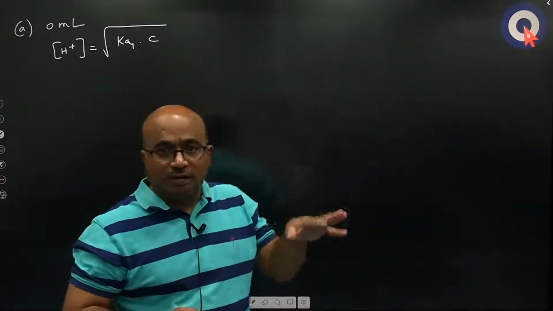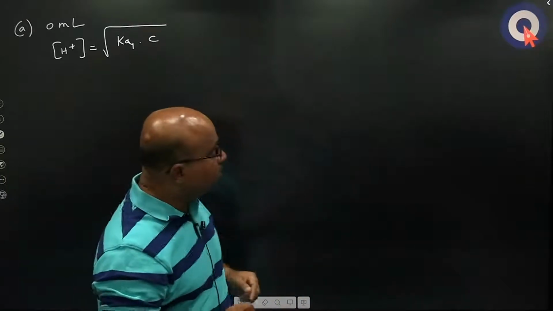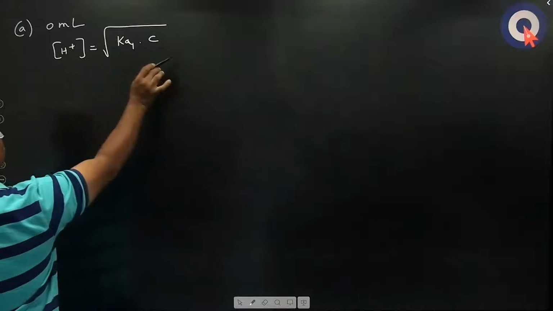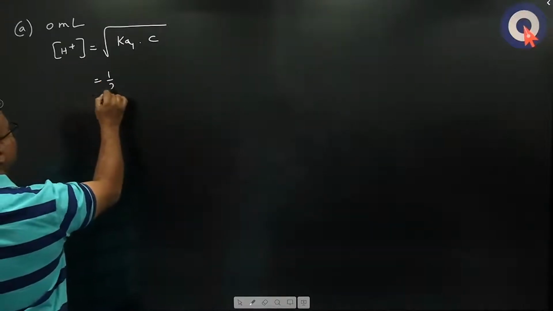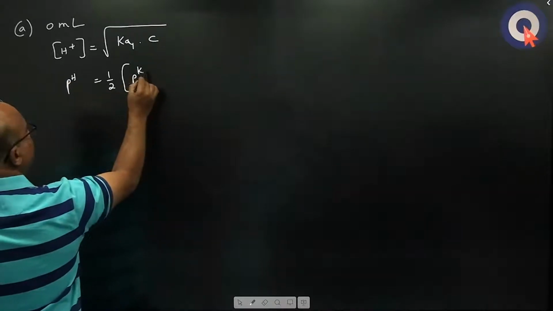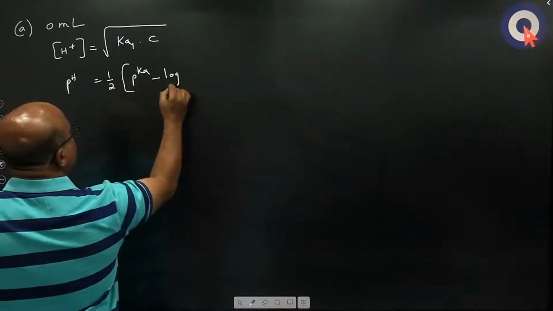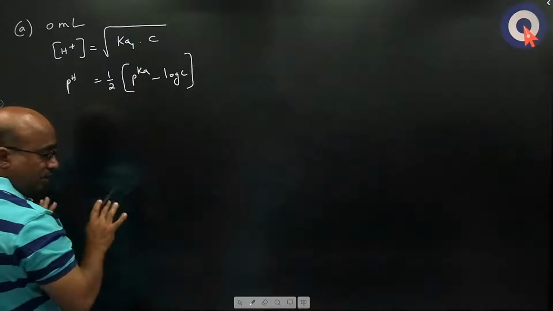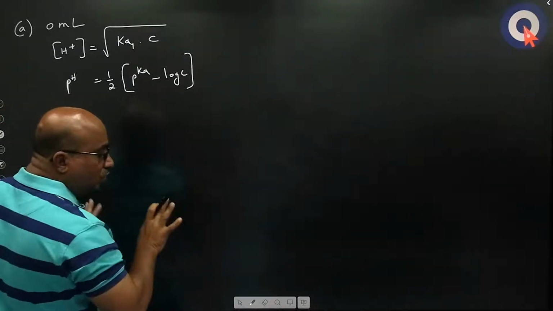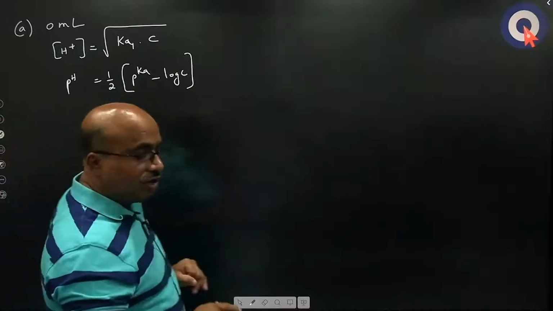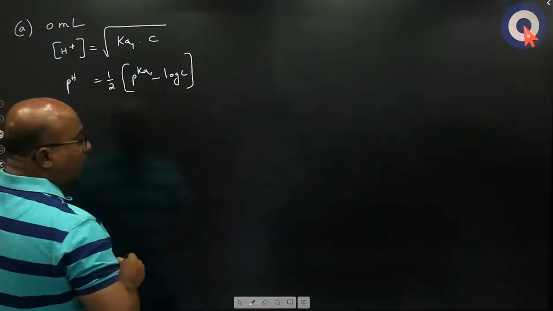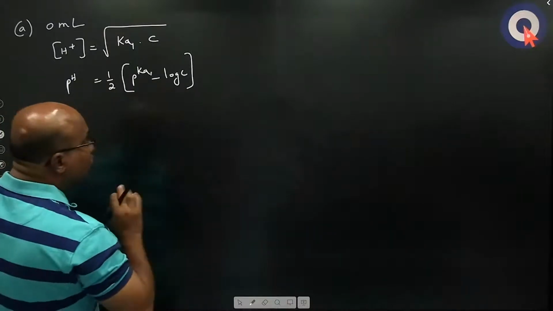So you can't write that in the previous equation. Otherwise, you write pH is equal to half into pKa1 minus log C. If it is an approximation you can use it, but in this situation you should not do that, because K value is not so low.